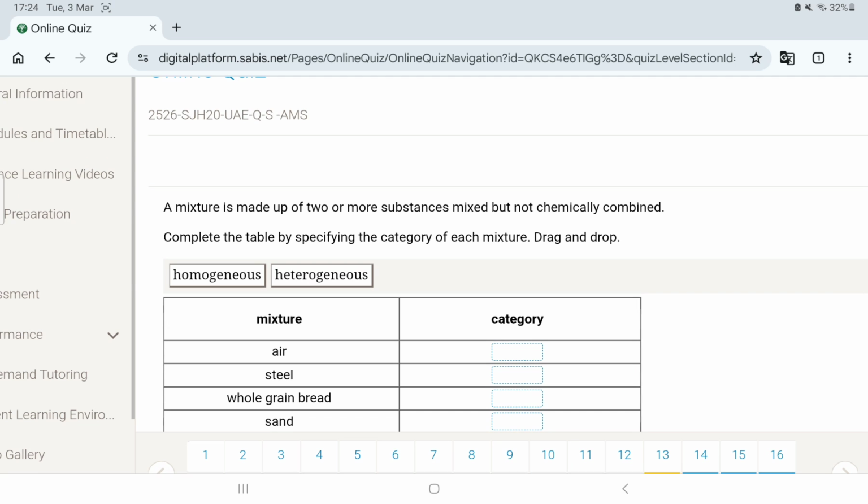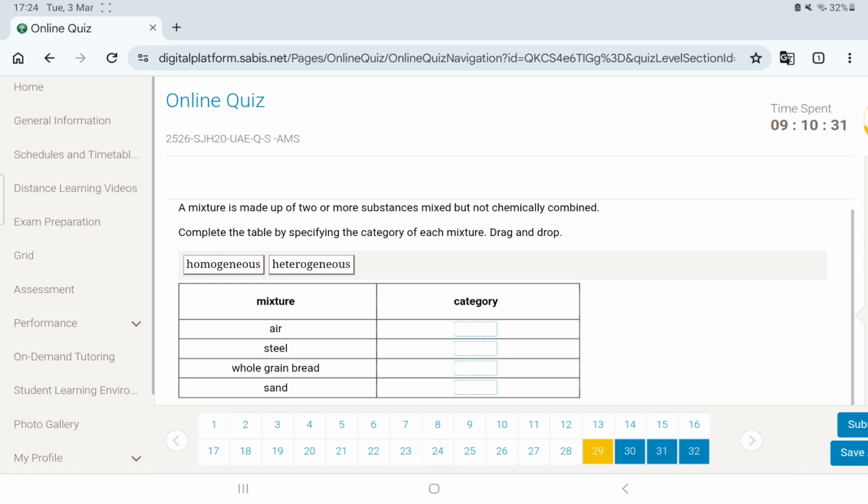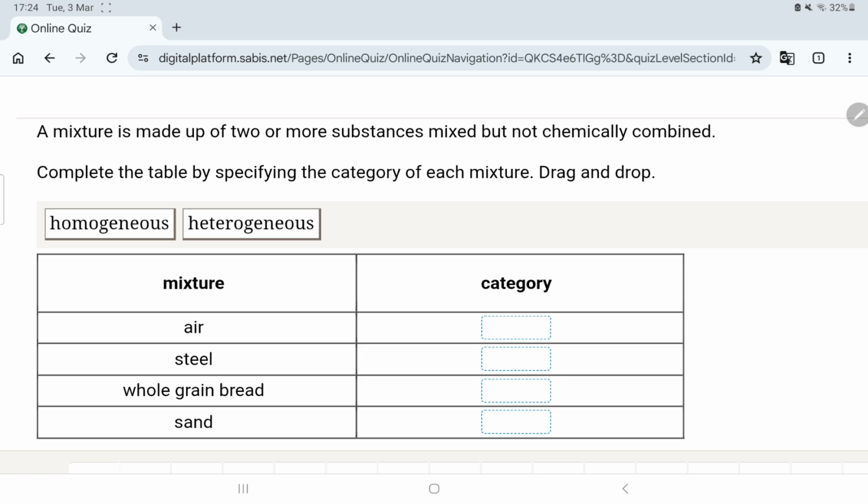Okay, a mixture is made up of 2 or more substances mixed but not chemically combined. Okay guys, I want you to know this. It's not chemically bonded, okay? This is actually really important. They might trick you at some point. So a mixture is made up of 2 or more substances, easy.